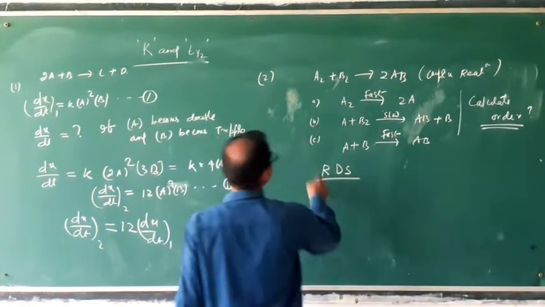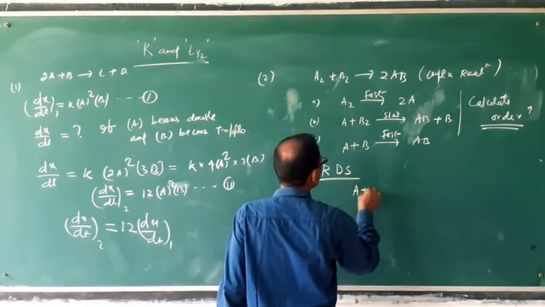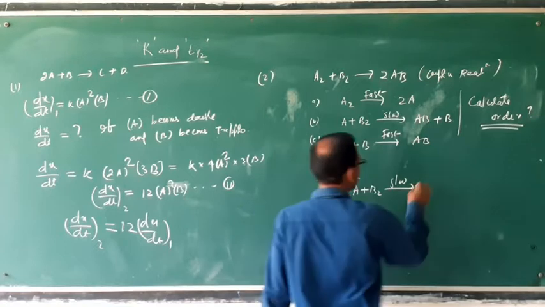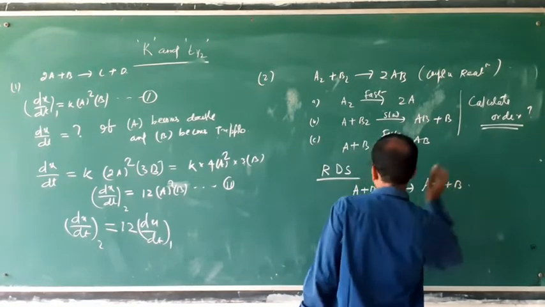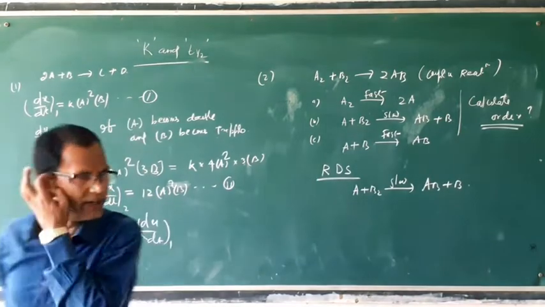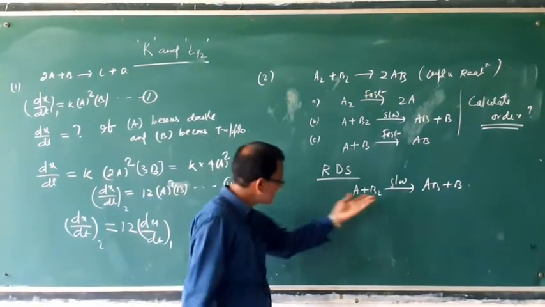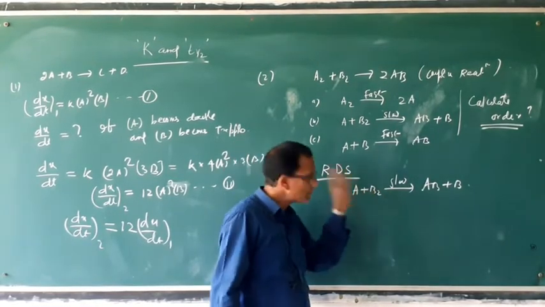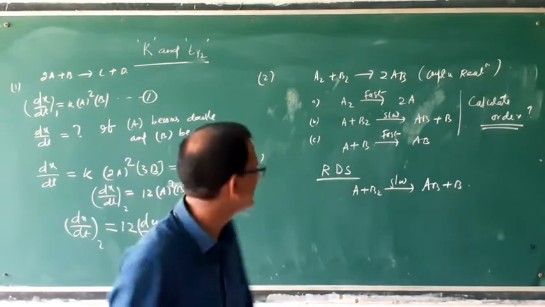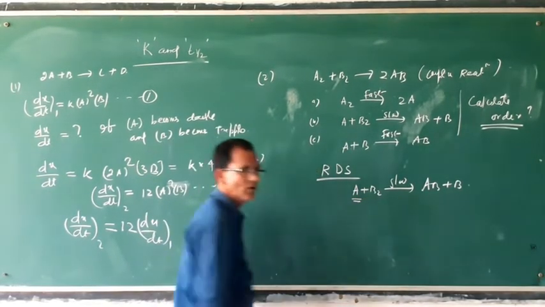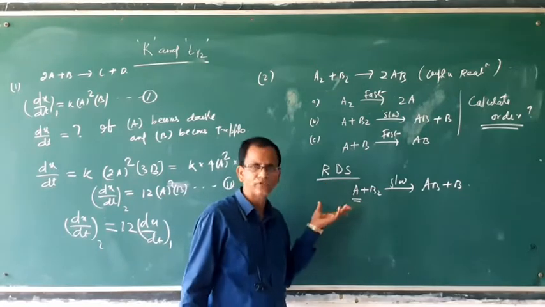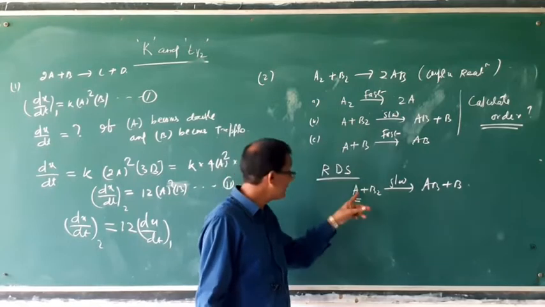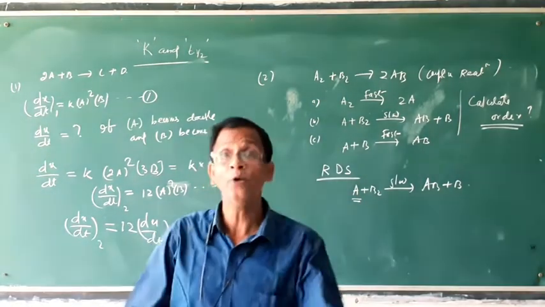Here the rate determining step is the second: A plus B2 changes, it is a slow step which is the rate determining step, producing AB plus B. Now, in the slowest step, A and B2 are involved, but actually A is not our reactant. We have to take care of this thing. You see carefully, A is not the reactant. The reactant is A2. So you have to write A in terms of A2.